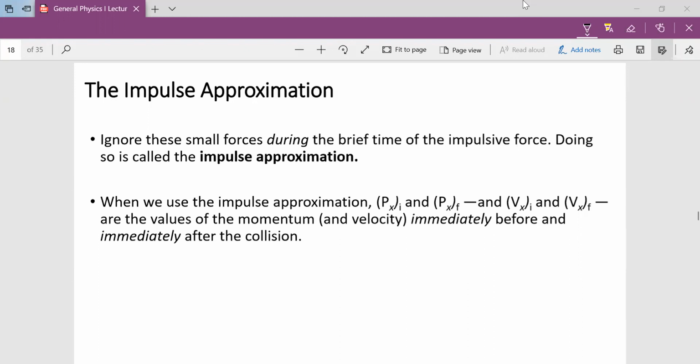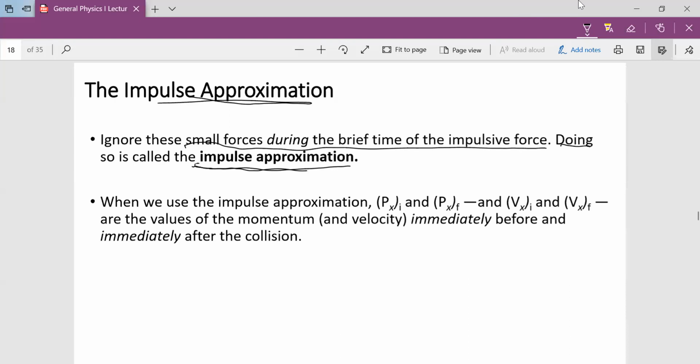So when we do this and ignore these small forces during a brief impulsive interaction, impulsive force contact, we say we are approximating the impulse. So this process is actually called the impulse approximation. That is, we tend to ignore the other small forces that could be part of that interaction.